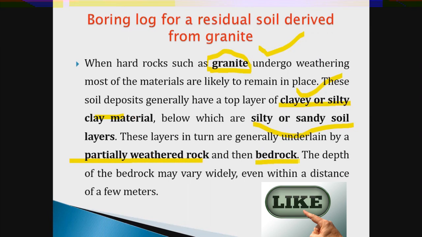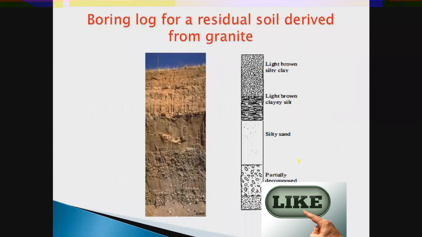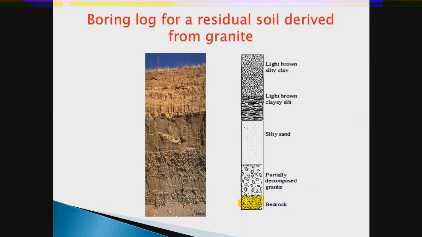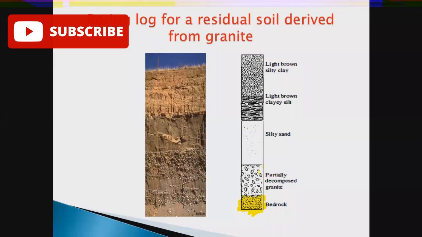So now let us see the boring log of that rock. You can see at the bottom there will be undecomposed bedrock, the granite which has not decomposed. On top of it is the partially decomposed granite, in which the size of the particles is bigger.